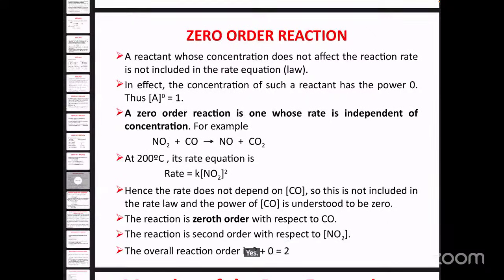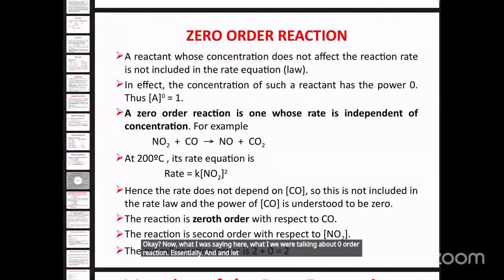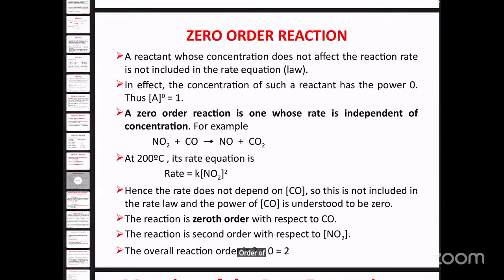Yes, sir. Okay. Now, what I was saying here, we were talking about zero order reaction essentially. Let me quickly correct what you said just now. You don't look for rate law to write order of reaction. You're looking for order of reaction to write rate law.